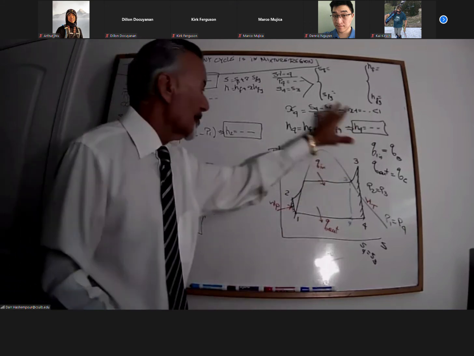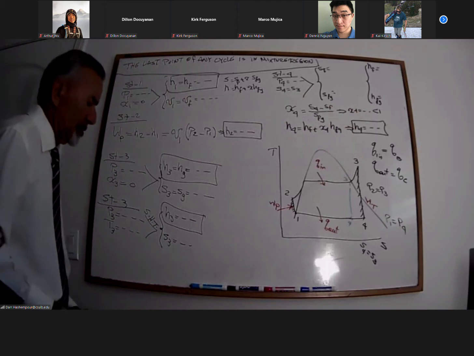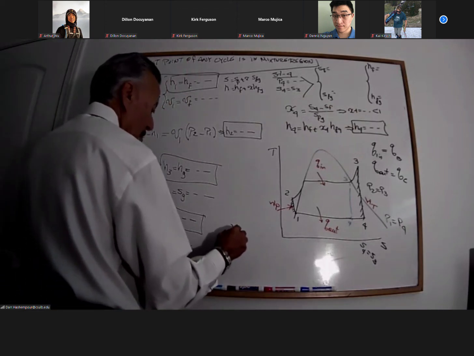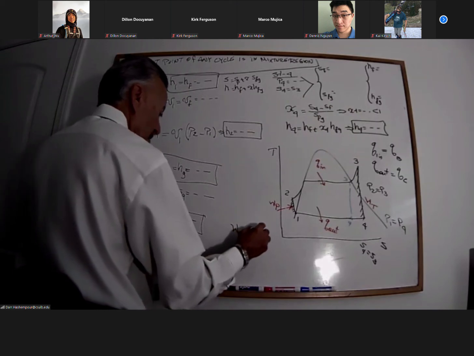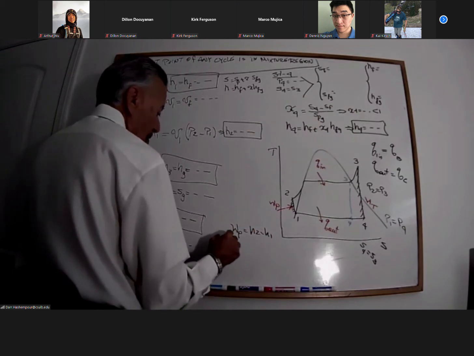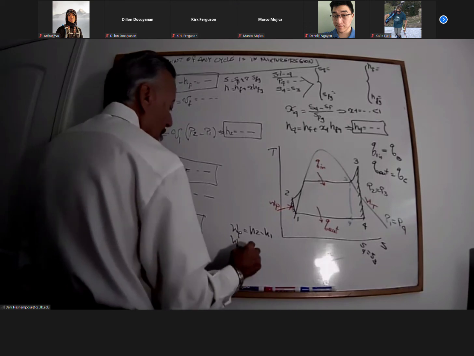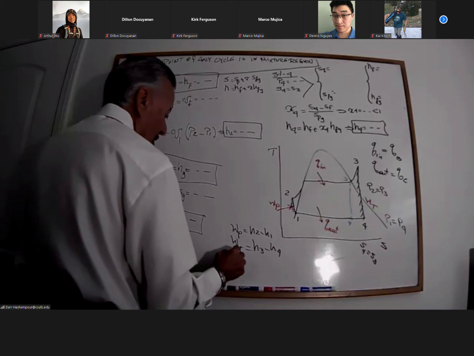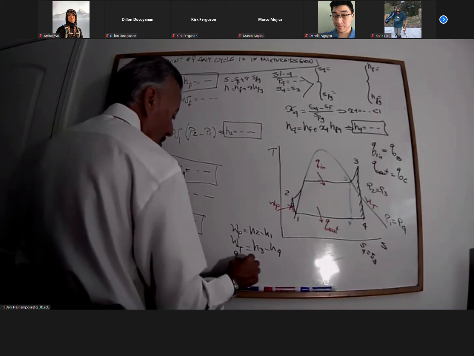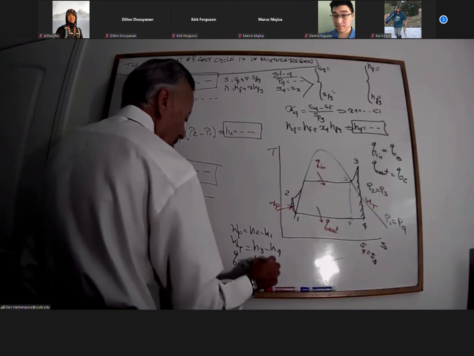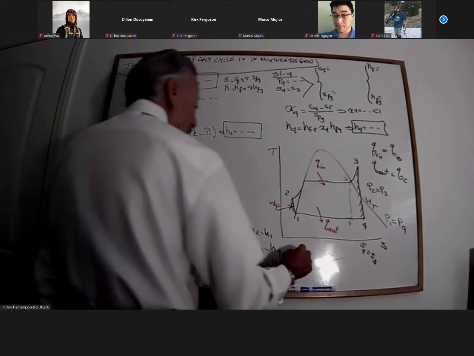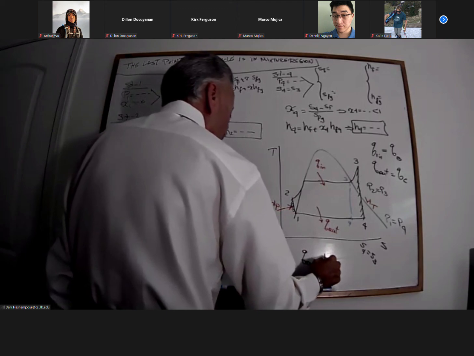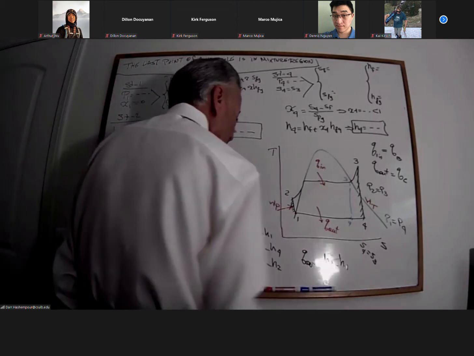Now that I have all of these points identified, work of a pump is H2 minus H1. Work of a turbine is going to be H3 minus H4. My Q in would be H3 minus H2, and my Q out would be H4 minus H1.